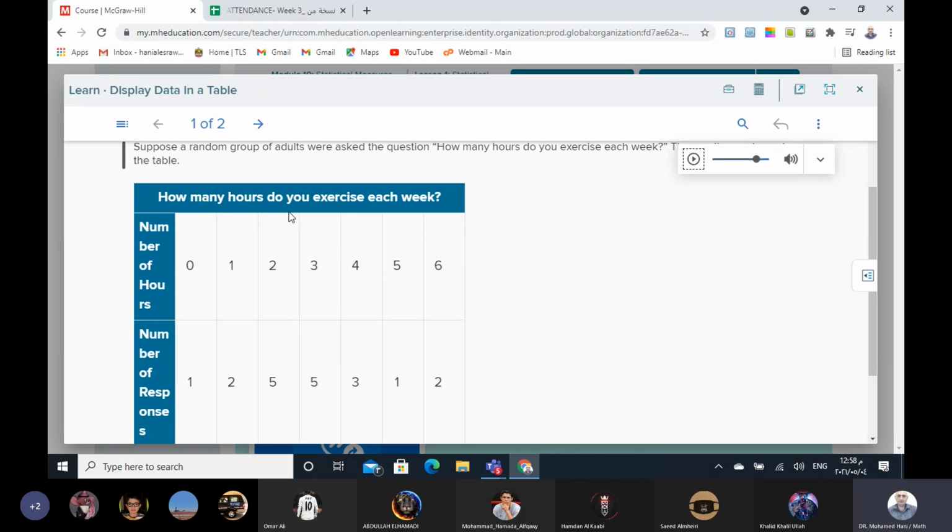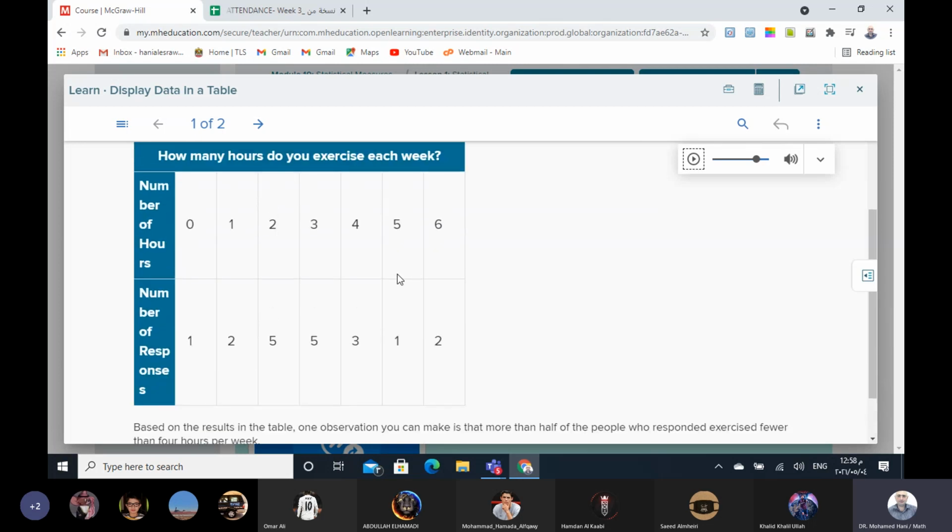How many hours do you exercise each week? This is the statistical question. Here we have number of hours and number of responses. Here 0, here 1. The first hour means we have 2 exercises.